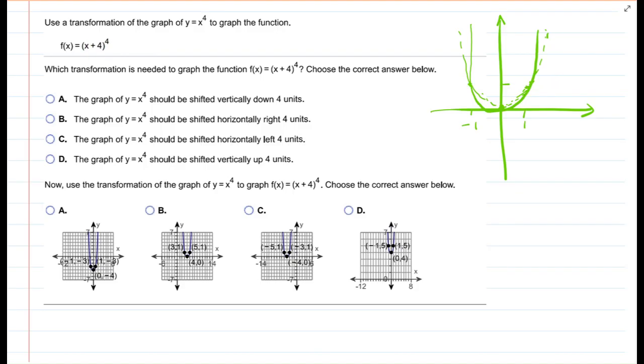It is positive 4, so it means that you need to shift the graph 4 units to the left.